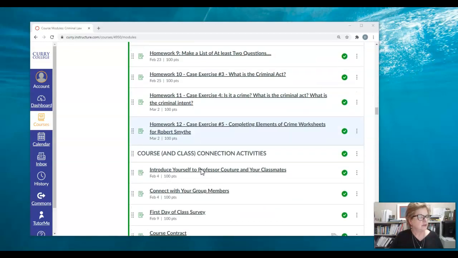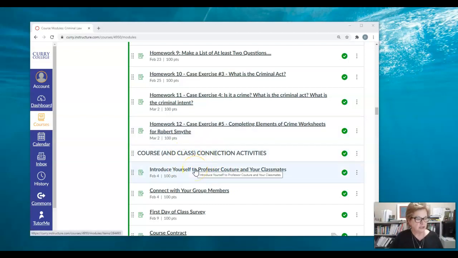The other two things that are due for class on Thursday are to do the course connection activity. Introduce yourself. Again, if you click on it, there's very specific directions on what I'm asking you to do, how to submit it using the assignment link, and connect with your group members is the third thing, the third item that you will be submitting for grading.